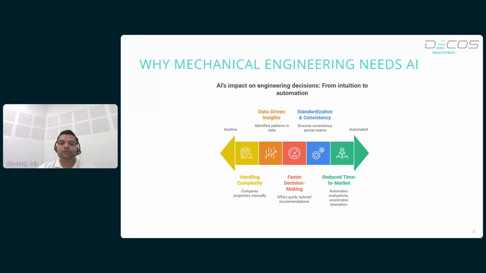AI can also analyze large volumes of material and design data in seconds, offering engineers quick recommendations tailored to specific constraints, right? AI systems also reduce the dependency on individual experience or tribal knowledge, ensuring consistency across different teams and projects. Different people may work differently for a particular goal. The goal is always common.